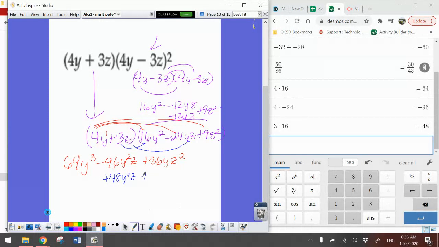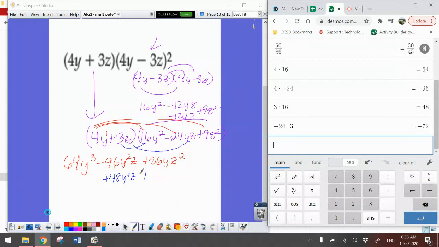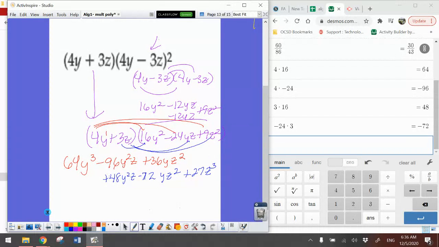And then I have a negative 24 times 3 is going to give me a negative 72. And that is a yz squared. Notice how they are lining up, which is good. They don't always do that, but sometimes we're lucky. 27z cubed. That would be my last one.